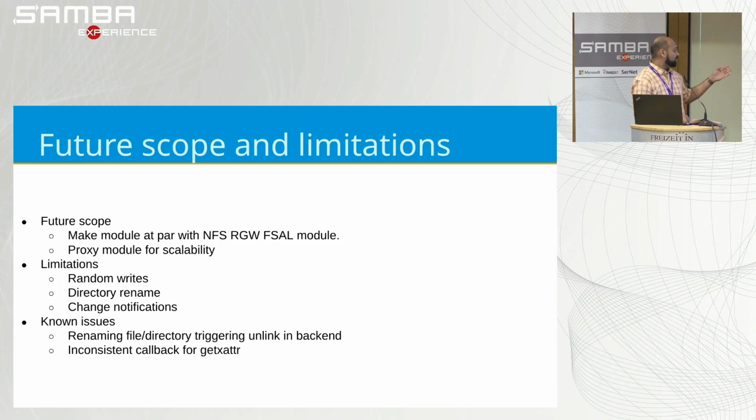And there is an inconsistent callback for getxattr. Getxattr is also a callback based API, and we discovered pretty recently that it's not always getting a callback. Every time we call, we may or may not get a callback. I'm really not sure what's happening, and I didn't get much time to look into it in depth.